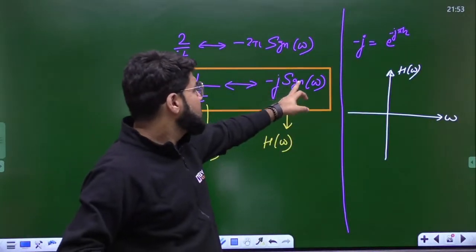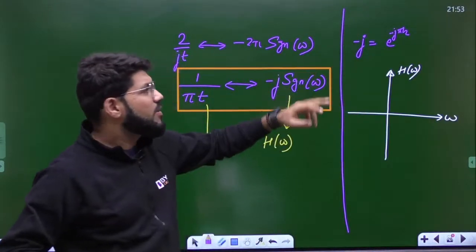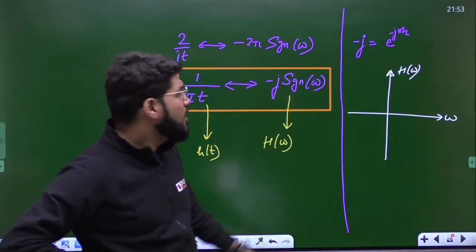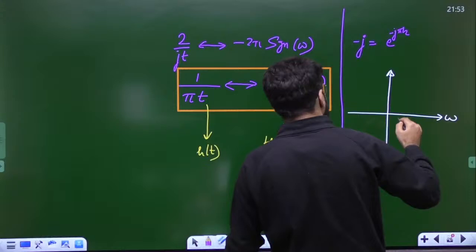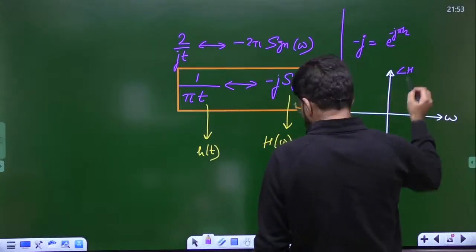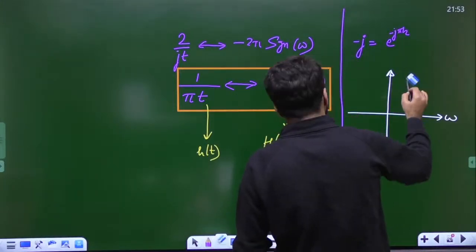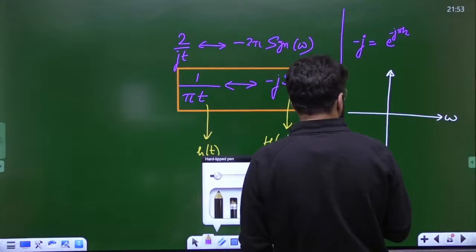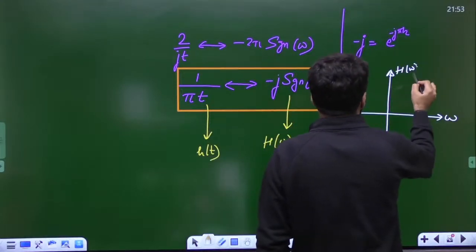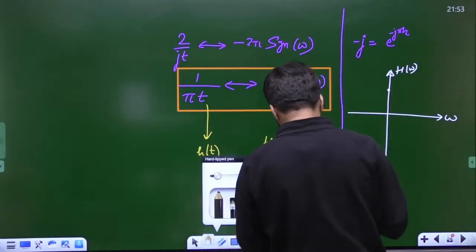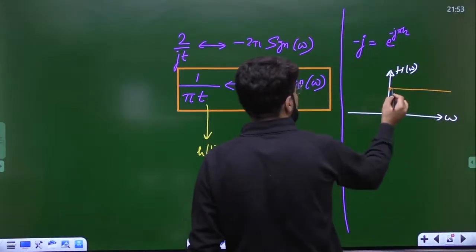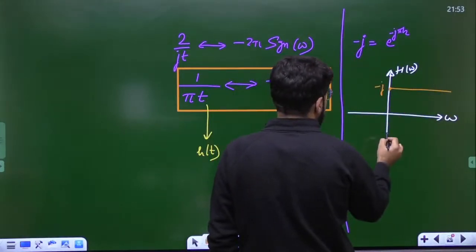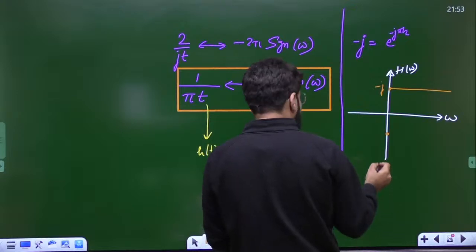Signum omega is 1 for the right hand side. The right hand side phase will be minus pi by 2. I can just write it in terms of phase, angle h omega. On the right side it is minus j, and on the left side it is minus j into minus 1, which becomes plus j.